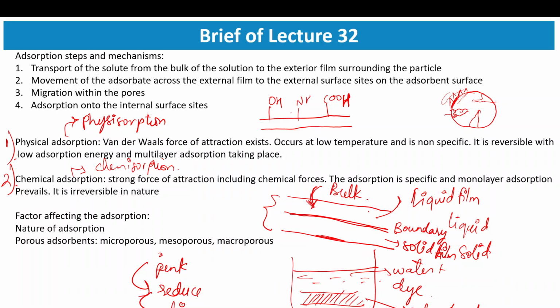Or even NH2. These have a lone pair of electrons, right? So if these are able to share their electrons, that is nothing but some chemical bond, right? So let's say it has the ability to form a ligand bond, or another name is coordinate covalent bond. So this bond is much stronger as compared to the physical adsorption or physical force.